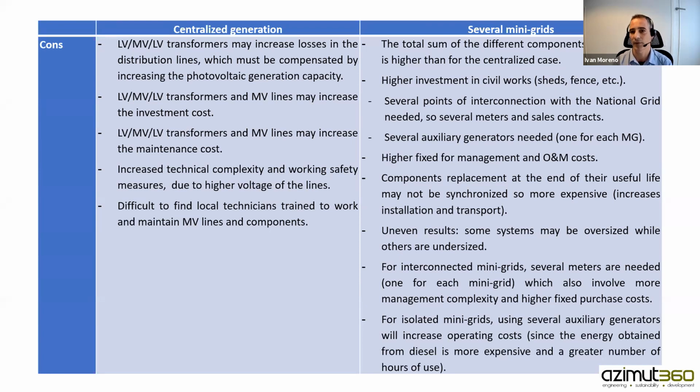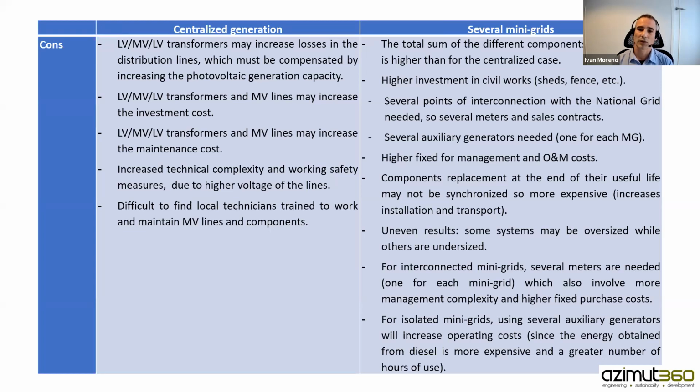Due to higher voltages of the lines, you have to have a special preparation for managing medium voltage installations, and it's not easy to find specialized technicians in this.